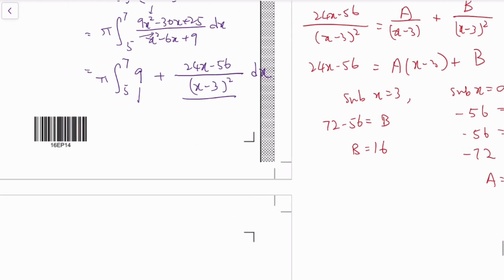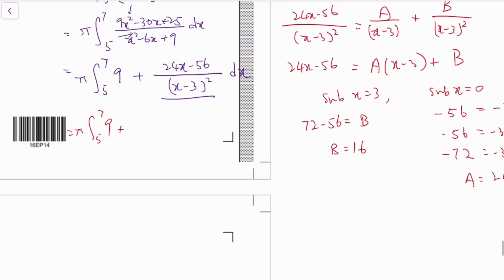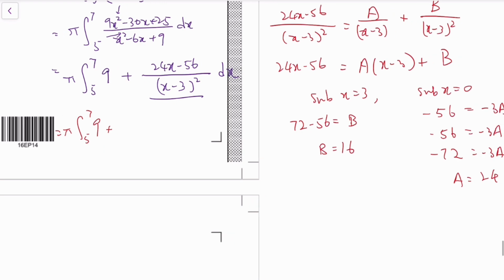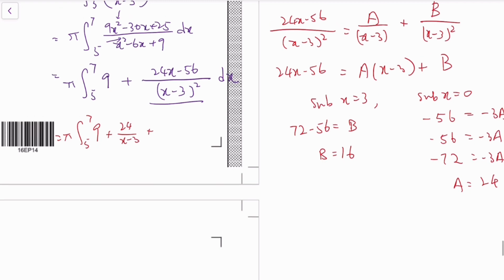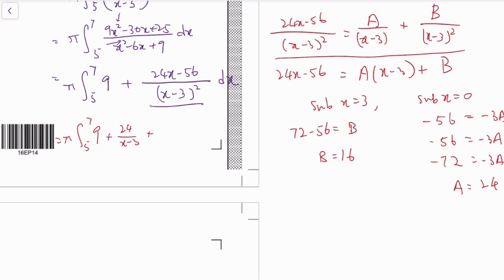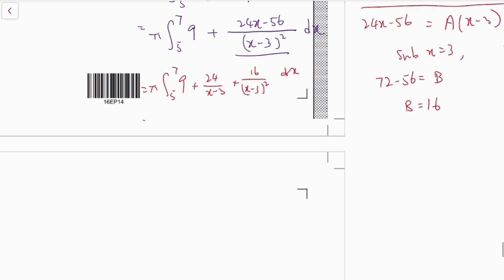Okay, so the integral becomes 9 plus the partial fraction: a over (x minus 3), a is 24, plus b over (x minus 3) squared, b is 16. So this is readily integrable.